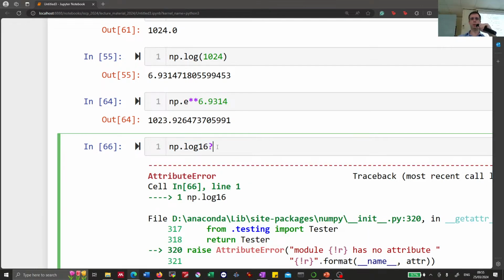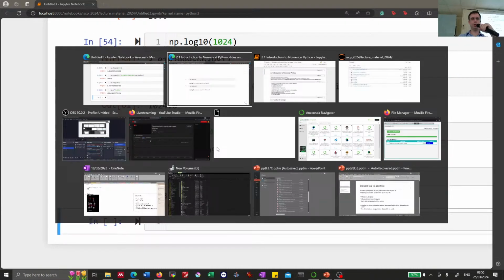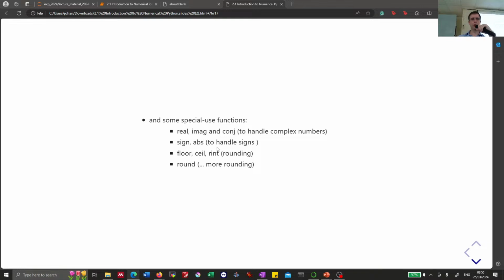Oh yeah, maybe more specialized libraries have that. Okay, so we know how this works. Oh, there are some special functions. Real, imaginary, conjugate. We will look at this sine, absolute, floor, ceiling, and okay, round.